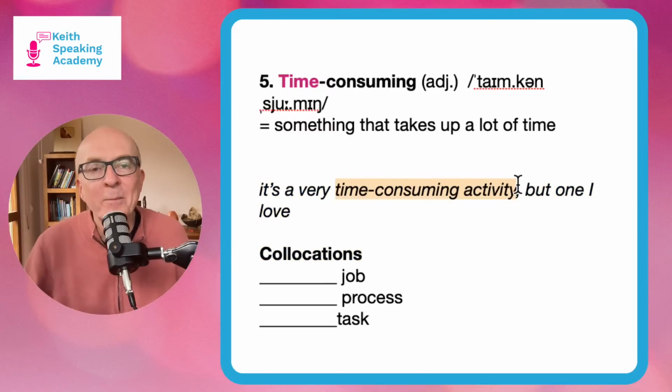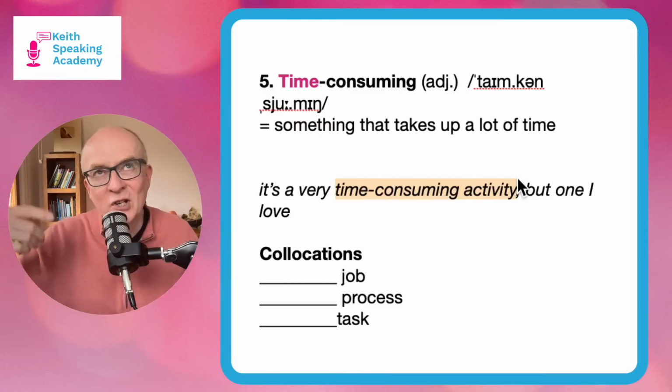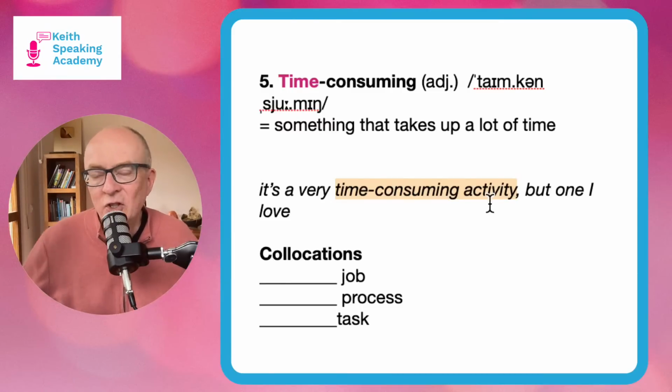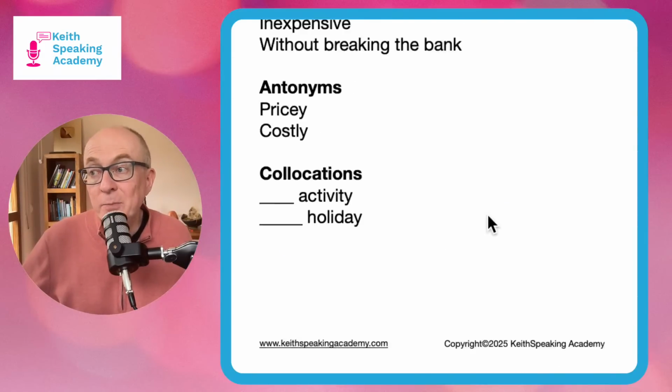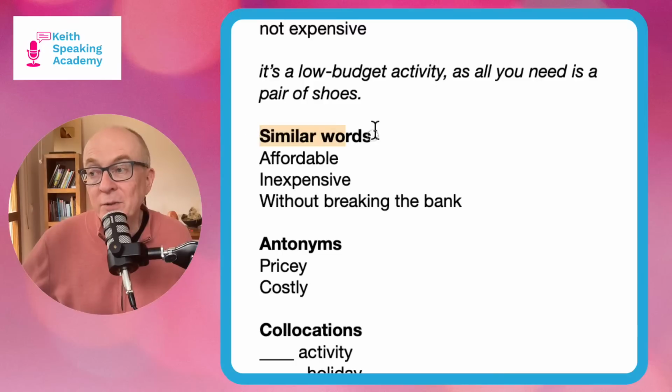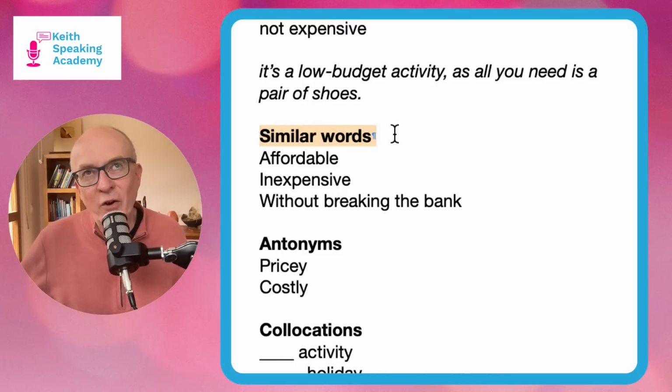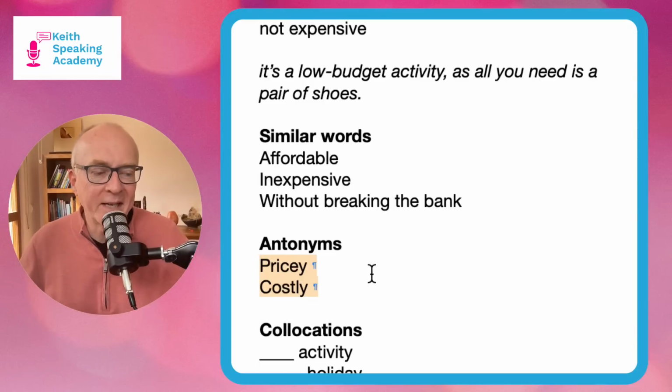Time-consuming activity. It's much better to learn collocations. Just 1 or 2 is enough, right? Sometimes put down similar words. You could say synonym, but very often there's a small difference. So making a note of 1 or 2 similar words or opposite words, it's really useful, okay? Now, you won't do that all the time for every word, right?